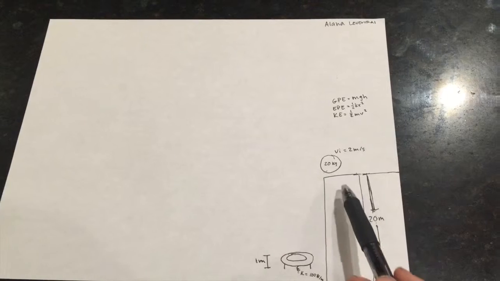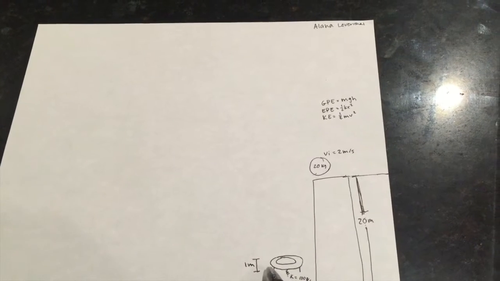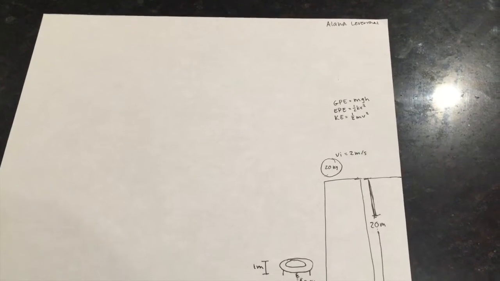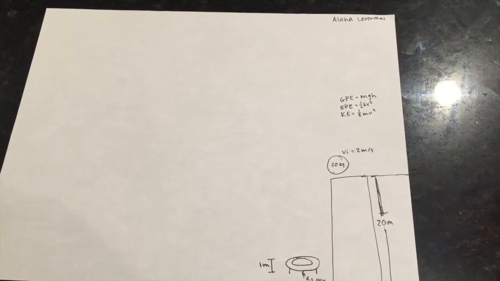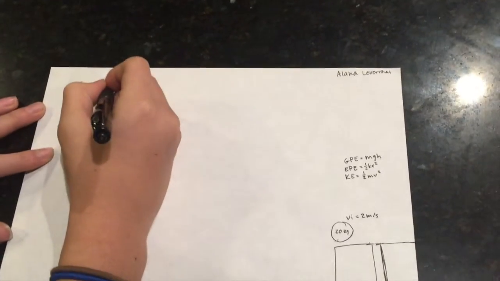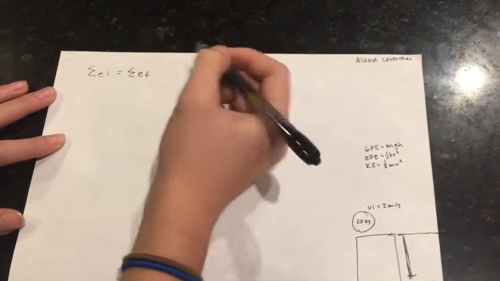So this ball is going to fall onto this trampoline, and the question is, how far will the spring in the trampoline compress? So the first step, since we know that the total energy initial will equal the total energy final.